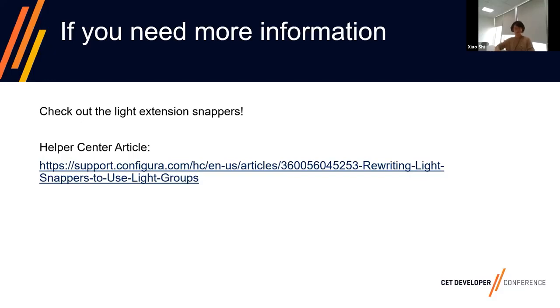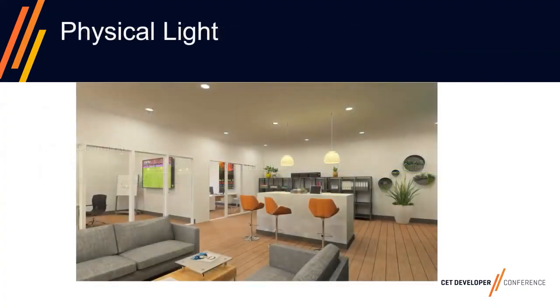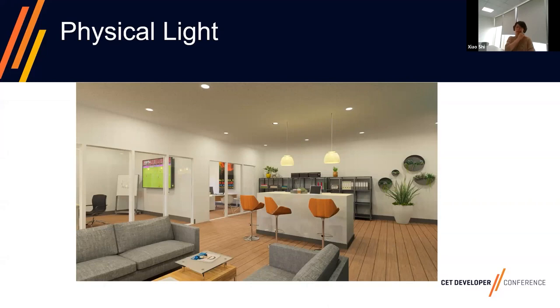About a new light: the physical light. The physical light is a new type of light that comes in 12.0, and this is a rendered picture using the physical light.